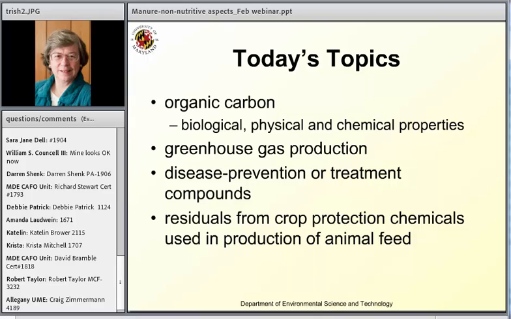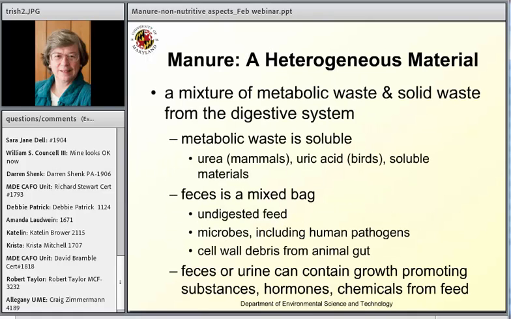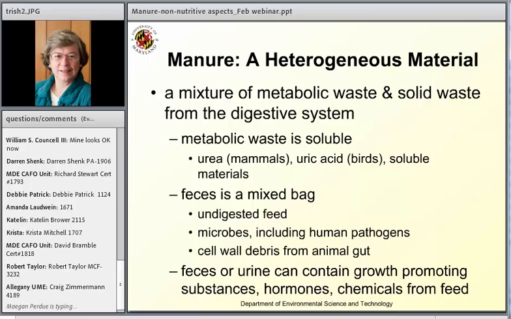And from there I'll go to the residuals from crop protection chemicals that are used in feed production that can show up in manure also. So it's a very broad look at a number of aspects of manure utilization that have nothing to do specifically with nutrients.